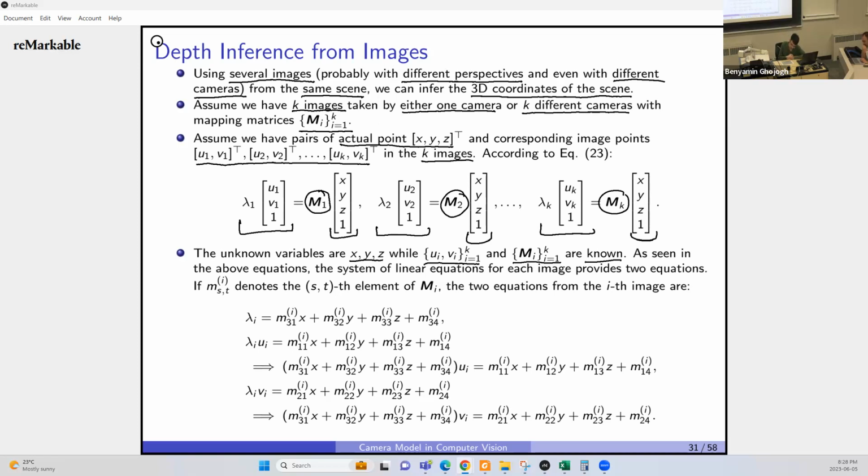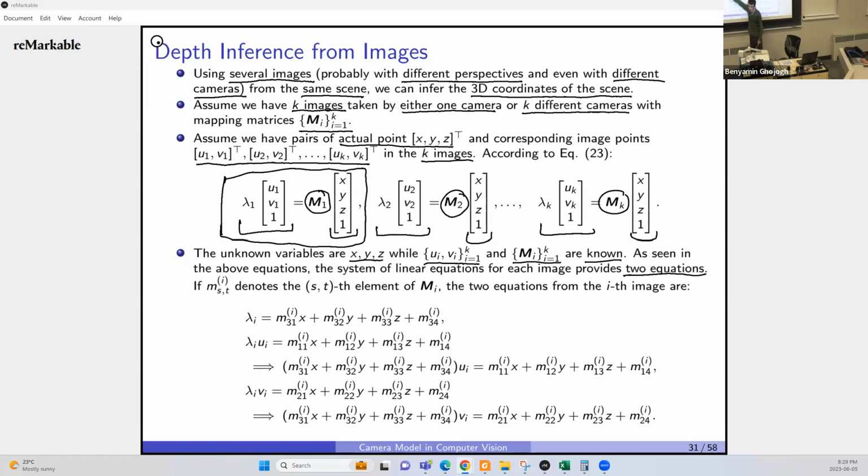As seen in the above equations, the system of linear equations for each image provides two equations. Why? We already talked about it several times. It might seem like three equations, but lambda 1 is cancelled out. Lambda 1 u1, with lambda 1 equal to the last row of M1, equals the first row of M1 times XYZ1.